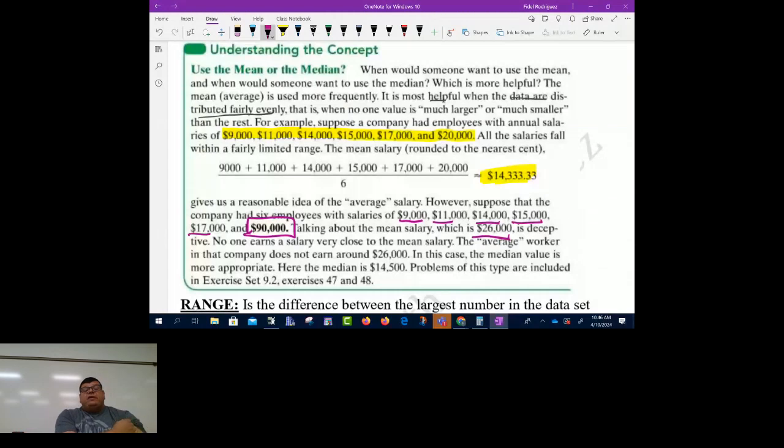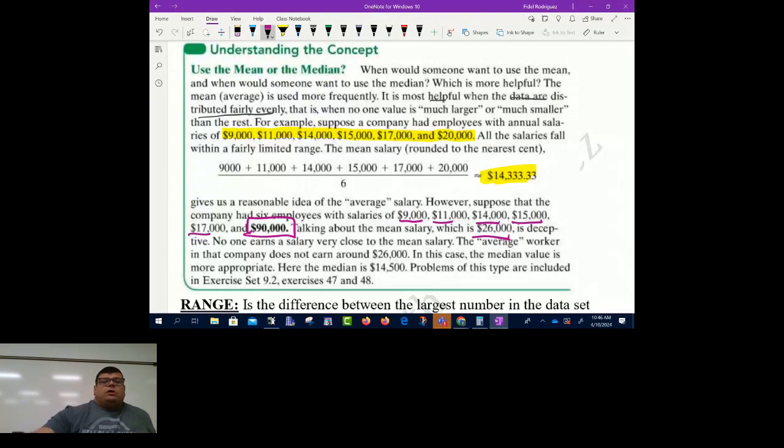Now, when we find the average, 26,000, if you notice, y'all, nobody's making 26,000, but that average, because of that one number changing from 20,000 to 90,000, that number changed my average, right? My average went up from 14,333 to 26,000.